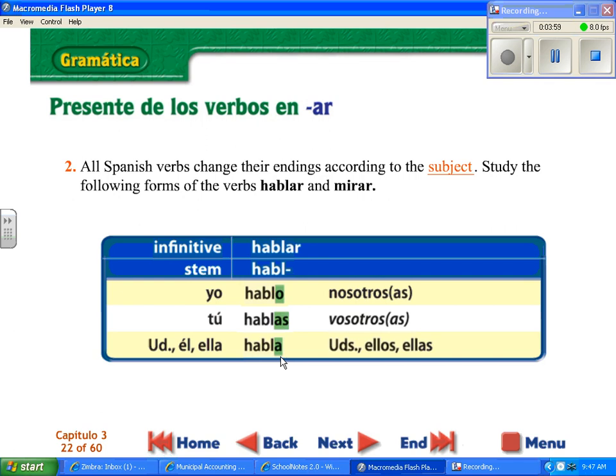Ella habla. Nosotros hablamos. Vosotros habláis. Ustedes hablan. Ellos hablan. Ellas hablan.